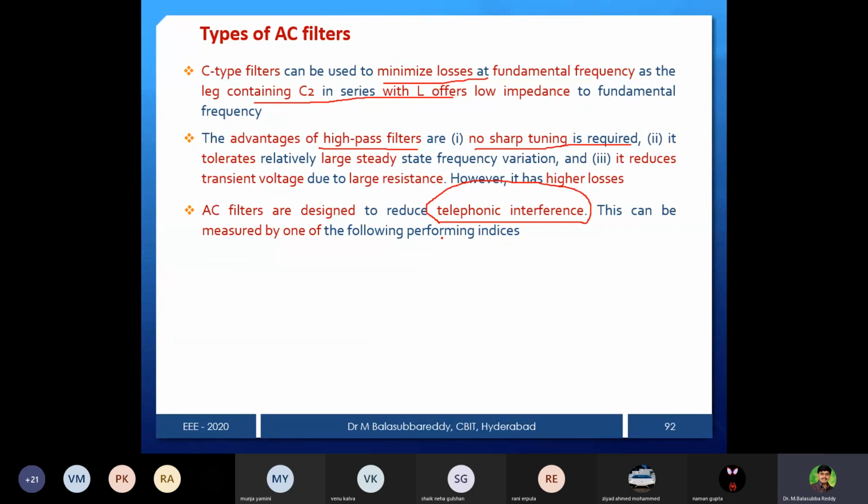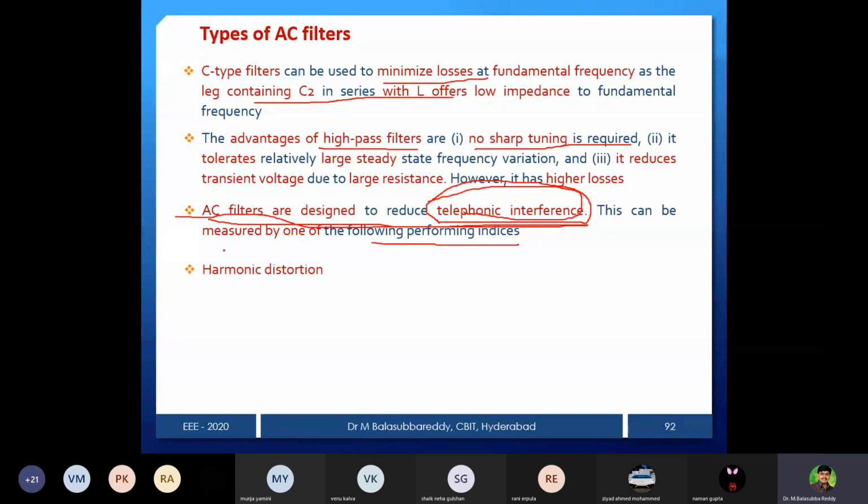The telephonic interference is going to be reduced. There are some factors we need to consider also. Anyhow, that will come next. This can be measured by one of the following parameter indices. So how are AC filters designed to reduce the telephone interference?